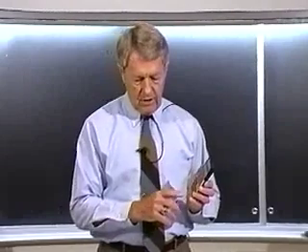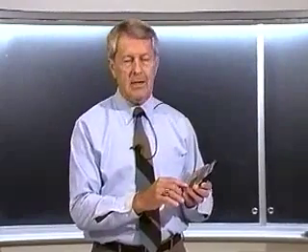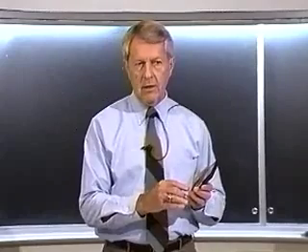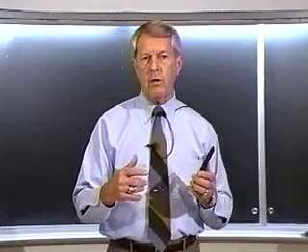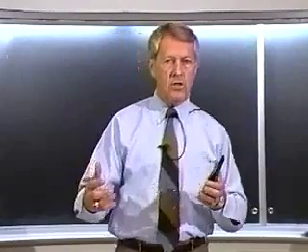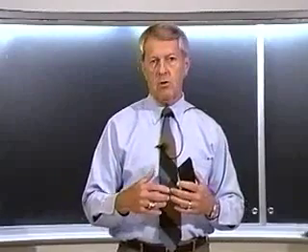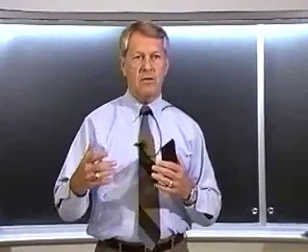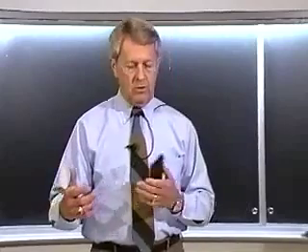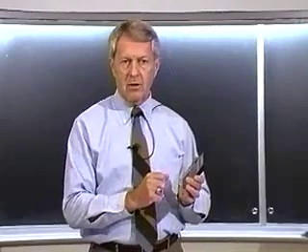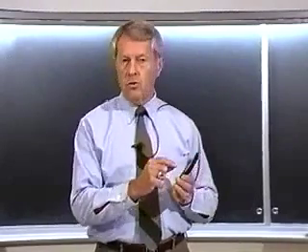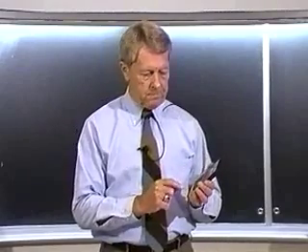One is that it should have on it an EE key or an EXP key. This is used when we're working with very large numbers and very small numbers, and we're going to be using powers of 10, exponential numbers. And you need that on the calculator for working those problems.